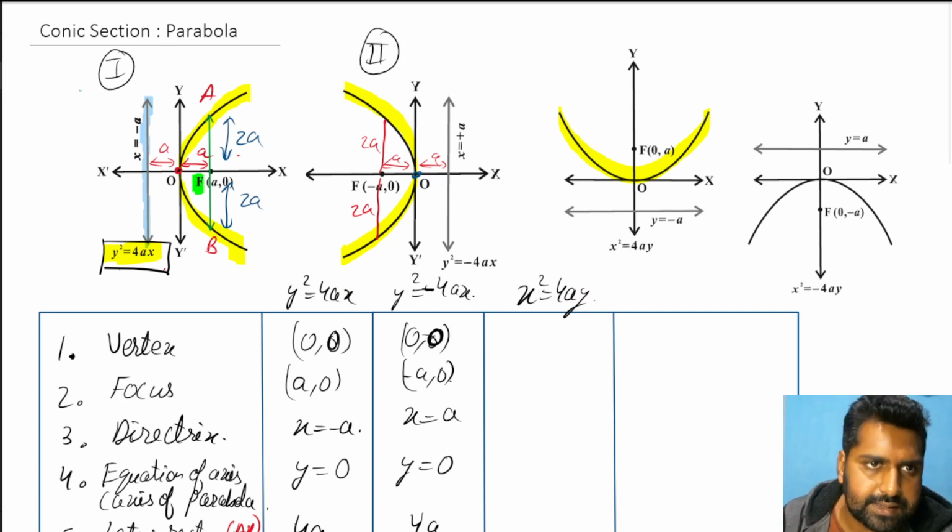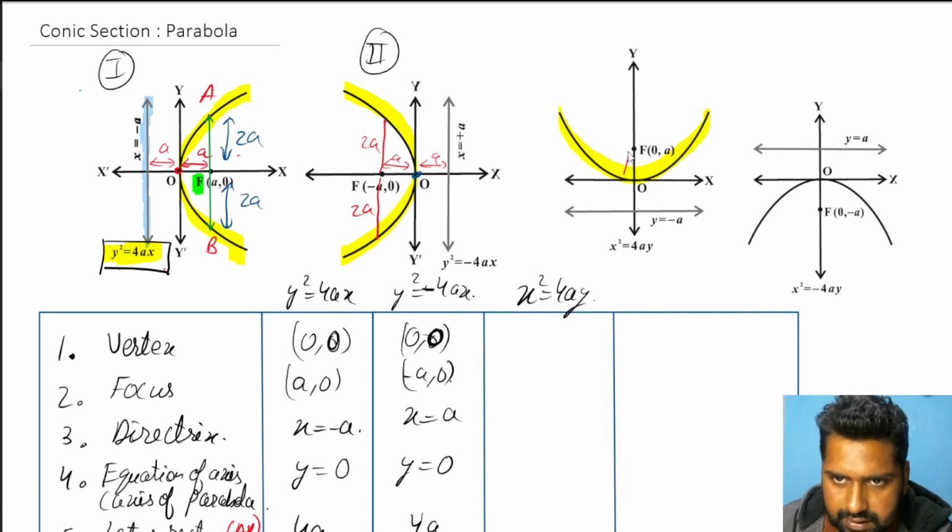Again, the distance of focus will be a, and because we are dealing with the y-axis, below it will be your directrix at a distance a, and it will be parallel to the x-axis. All right, vertex is still 0 0.